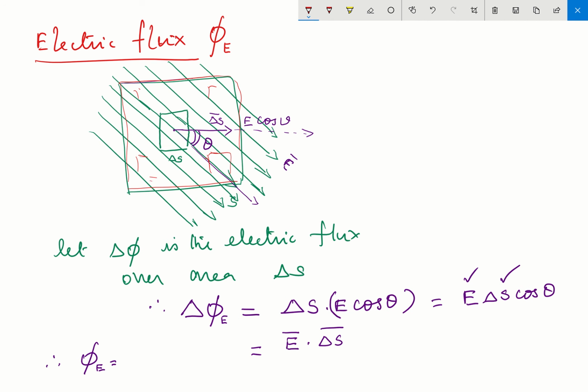Then I am going to add everything. Therefore, I can write this as sigma E dot delta S. Hope you are following.